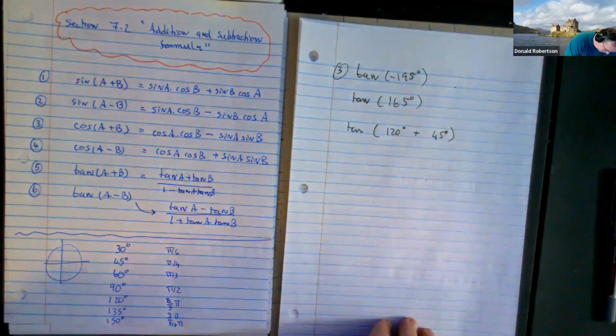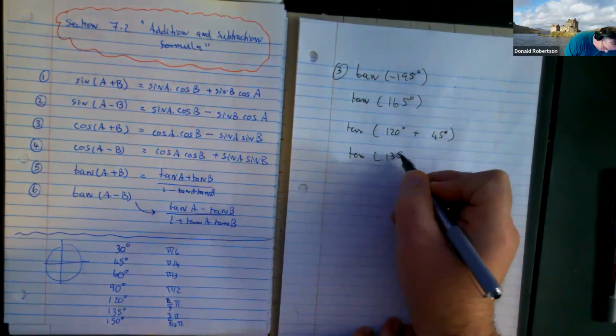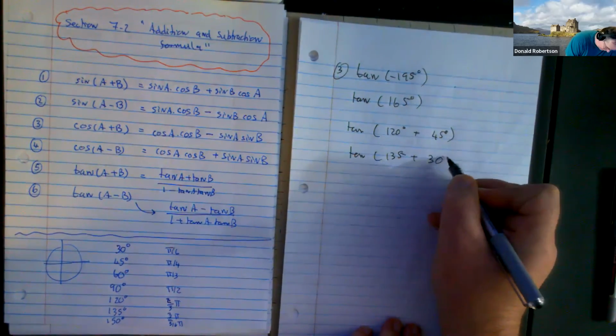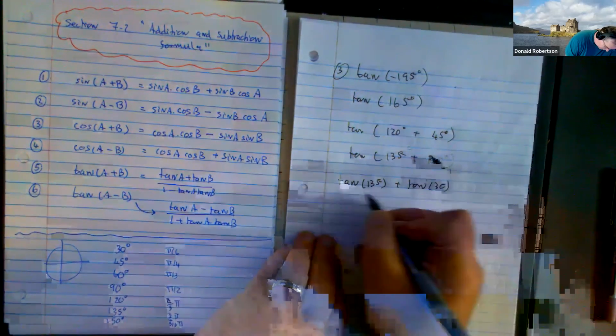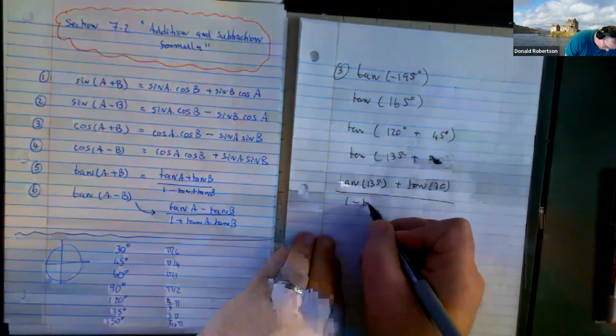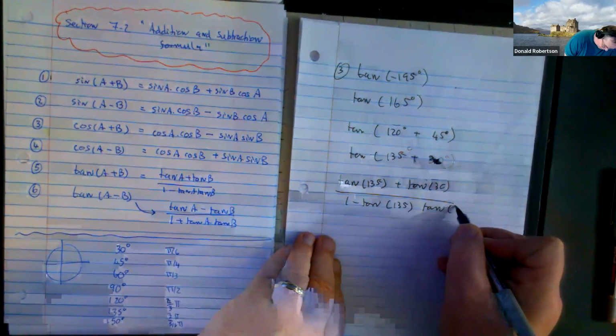Okay, that works too. And so that becomes the tan of 135 plus the tan of 30, and 1 take away the tan of 135, tan of 30. Are you comfortable with that?